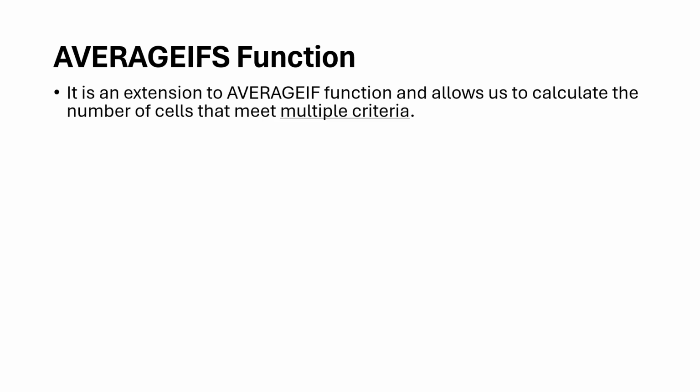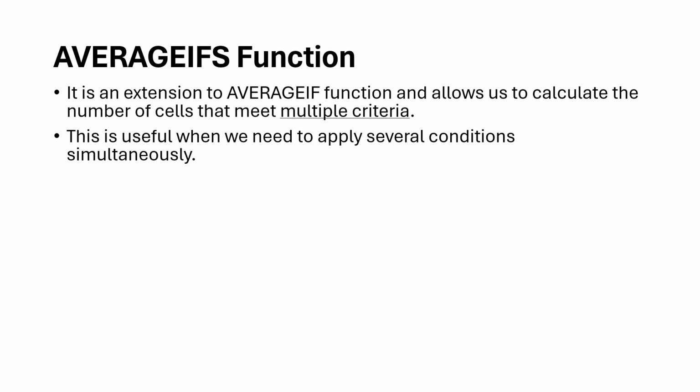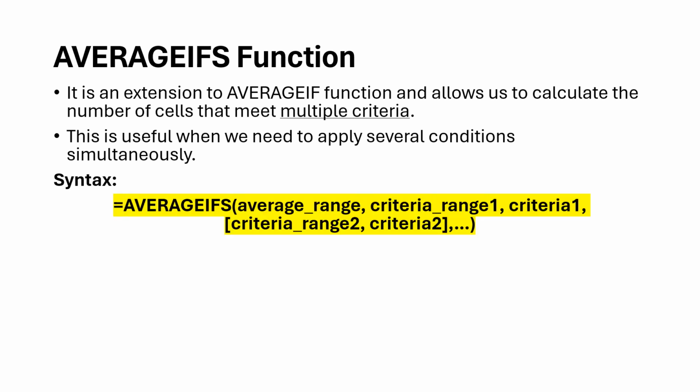Now for the average ifs function, this is basically an extension to the average if function, and the only difference is we could give more than one condition, and only those cells would be considered within the range to calculate the average. This is useful when we need to apply several conditions simultaneously. As per the syntax goes, we just need to write equal to average ifs.